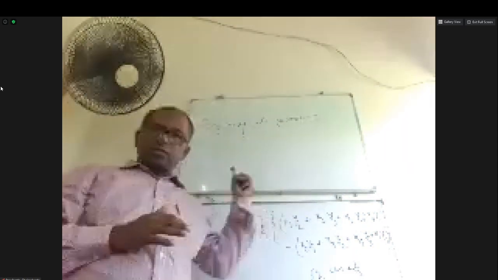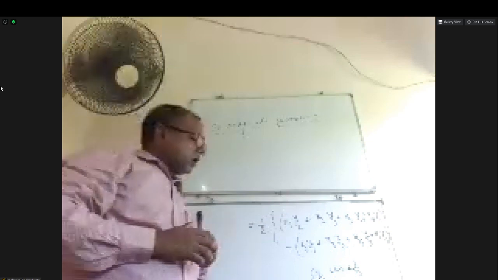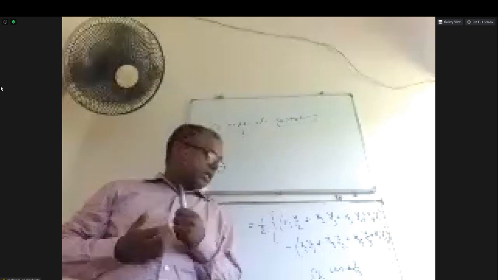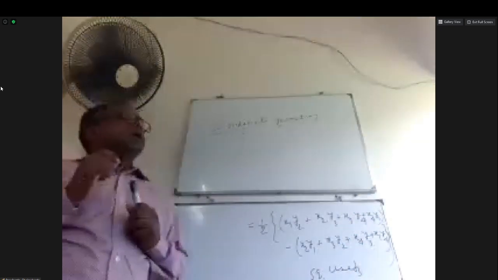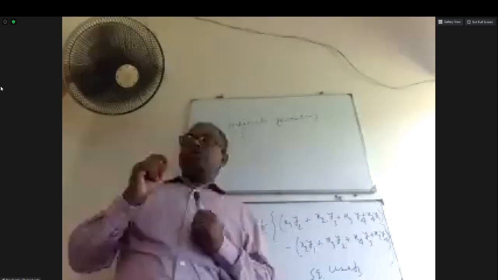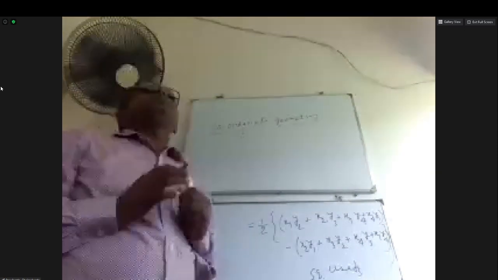Time is very short, so you are to solve these problems with this formula. Now I am going to discuss the slope of a straight line. We want to know what the slope of a straight line is. It is discussed in exercise 11.